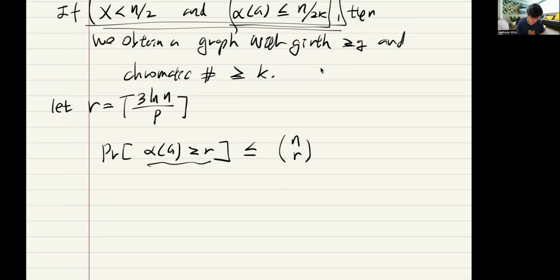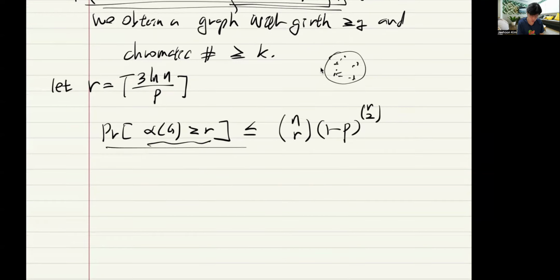So there are this many such sets. Then for specific R vertices, the probability that none of the edges here means that for every one of them it's a non-edge. So non-edge happens for R choose 2 pairs here. And this is a union bound. So this is the upper bound on the existence of a set of size R which is an independent set.